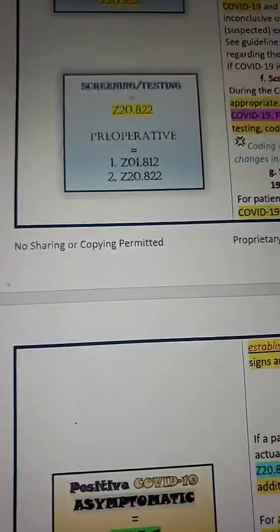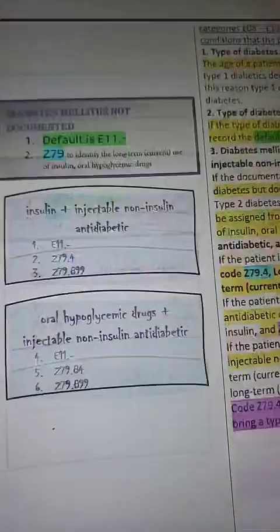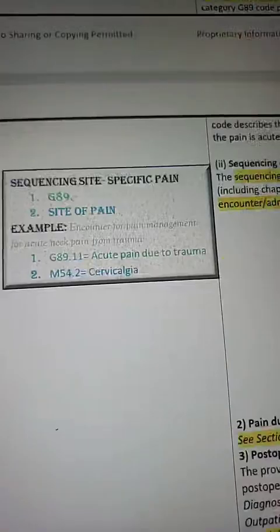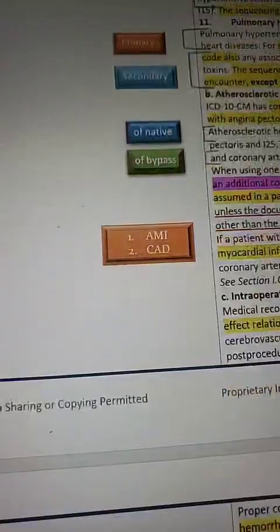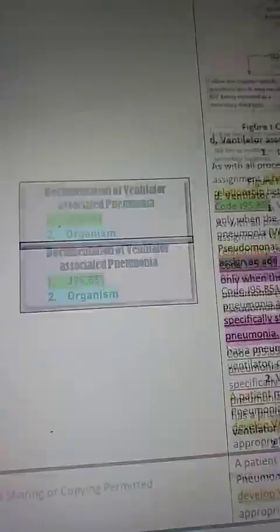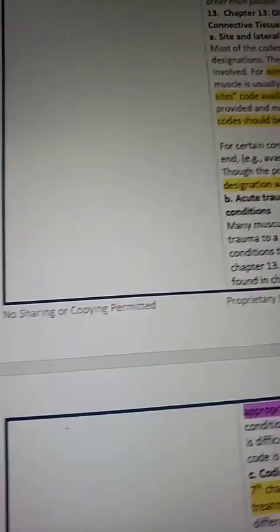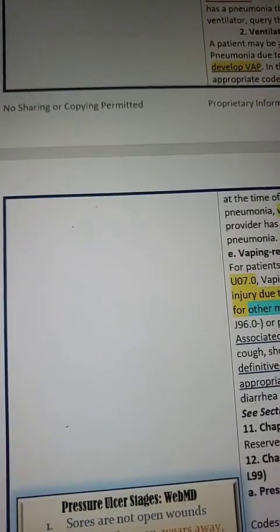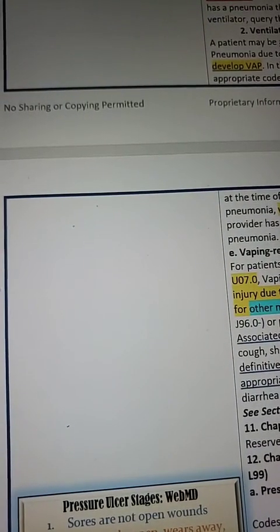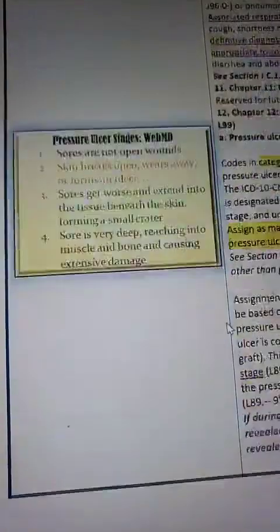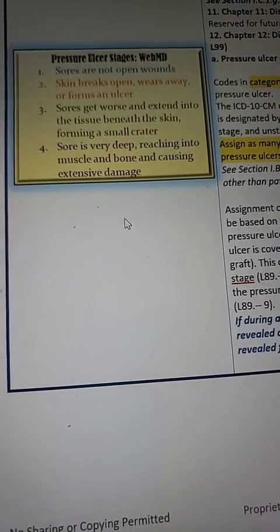And I definitely have a bunch. I did 2 insulin diabetes ones, and then 2 just type 2 diabetes. So I did the diabetes ones, but I definitely want to do some more examples in there. And then at the very end, I want to have a top 10 cheat sheet of just what guidelines are most important for the CPC exam.